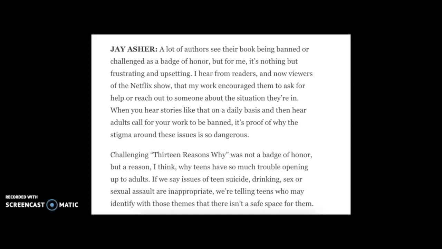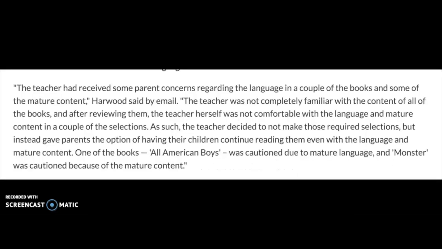Reread it and answer the question, how does this quote support the main idea that you presented in the previous question? Reread this quote from Article 2 and answer the following question. How does this quote support the main idea that you presented in the previous question?